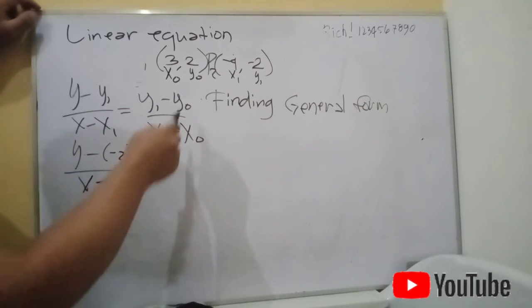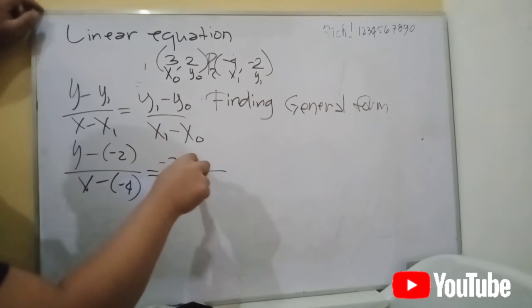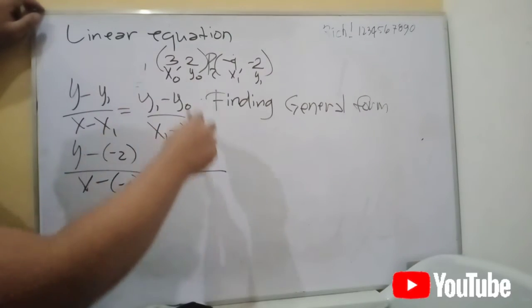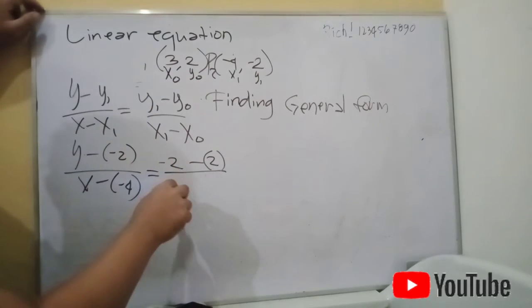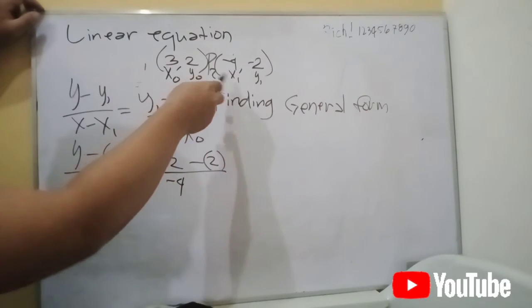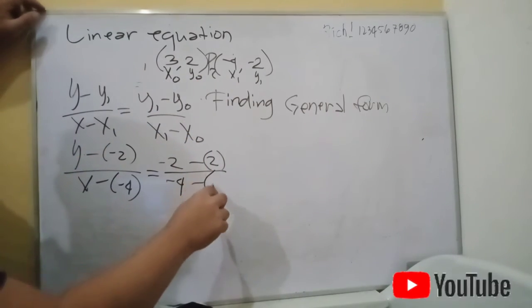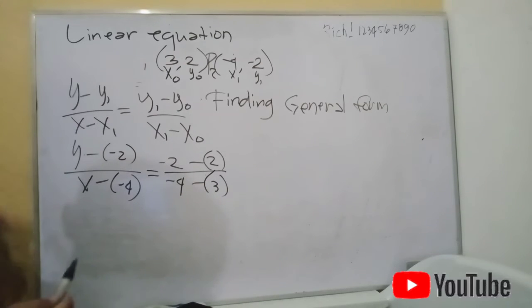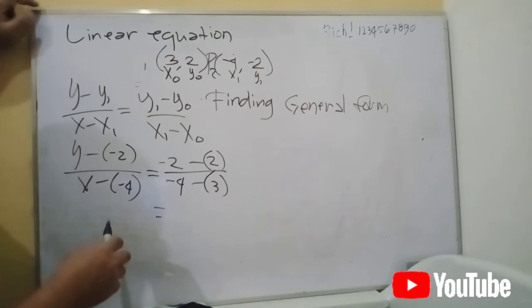What is y sub 1 here? That's negative 2 minus positive 2. For the denominator, that's negative 4 minus x sub 1, and then x sub 0, okay, 3. So here, next. Negative times negative, that's positive 2.